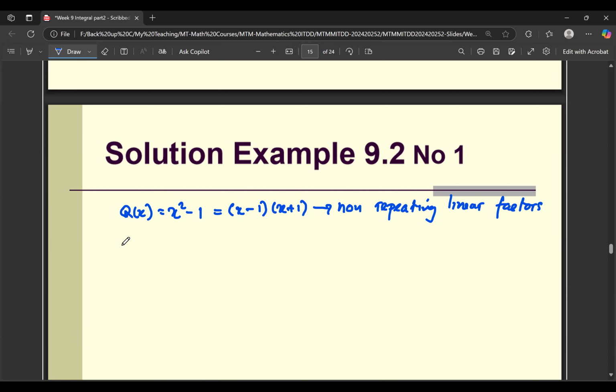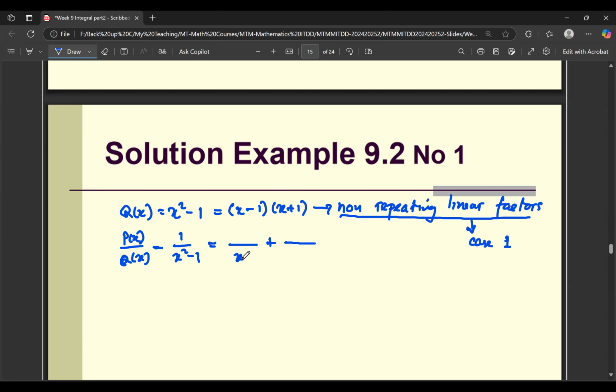So we can make the partial fraction of px over qx, using case 1. In case 1, the denominator will be the linear factors.